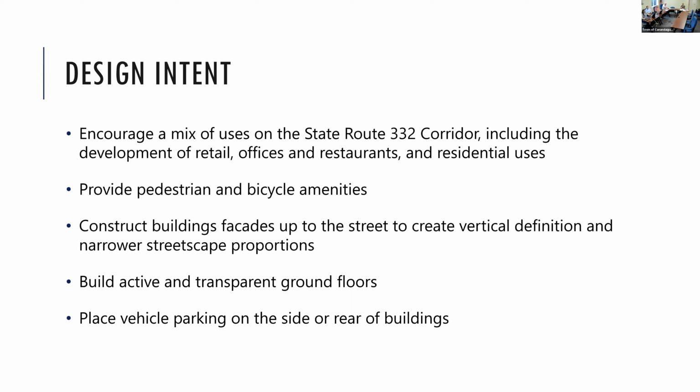But the intent of these regulations is to foster a mix of uses, so retail, office, restaurant, and higher density residential, to promote more pedestrian and bicycle use and connectivity, and to help visually, although we're not physically narrowing the streetscape, by creating more vertical definition closer to the street, you create that perception of narrowing the streetscape and ultimately slow traffic and create a more walkable, safe environment.